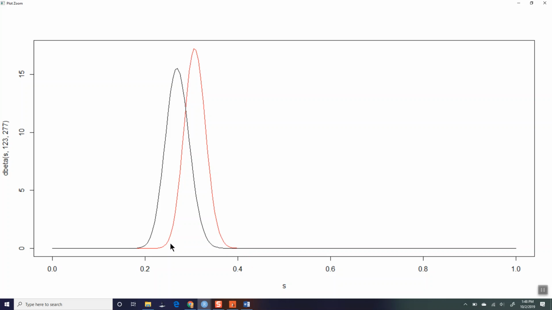Okay, so we are taking into account the fact that having more data shifts the resulting distribution more, right?